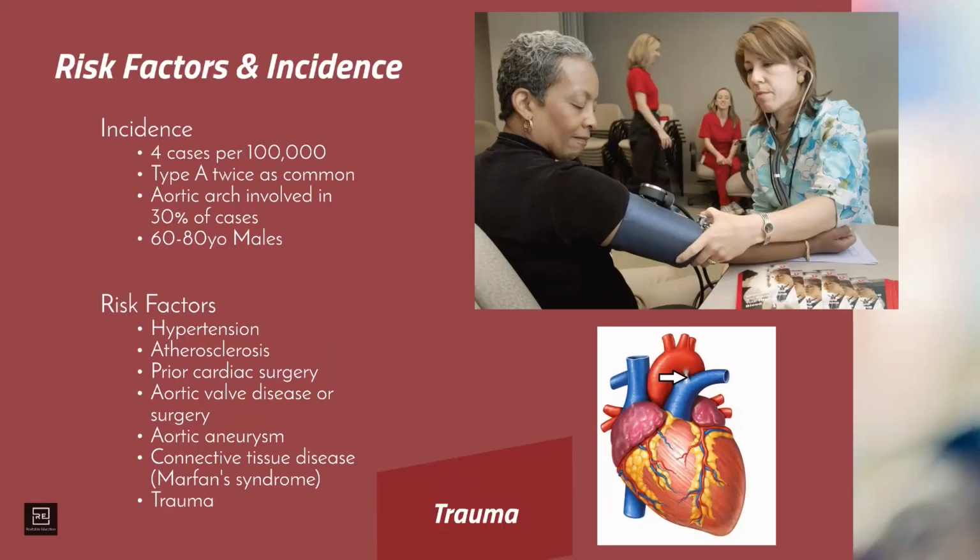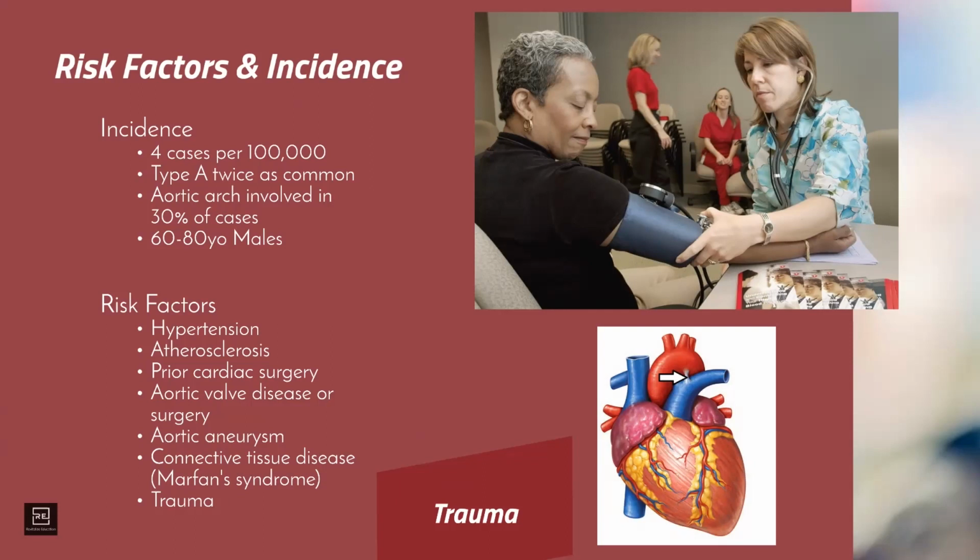While aortic dissections are relatively rare, occurring in 4 out of every 100,000 cases, they are life-threatening emergencies when they do occur. Dissections are generally seen in 60 to 80-year-old men, and type A dissections are twice as common as type B dissections. Hypertension is the most important predisposing factor of an aortic dissection. 77% of patients with aortic dissections have a history of hypertension.